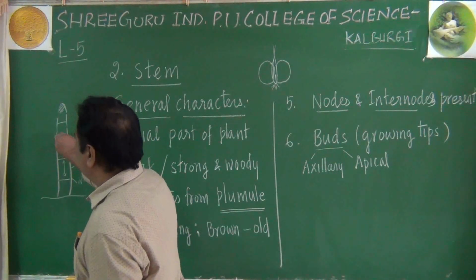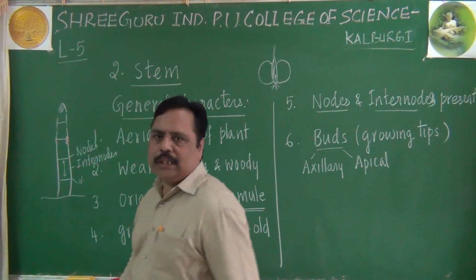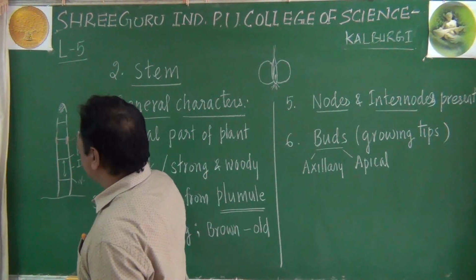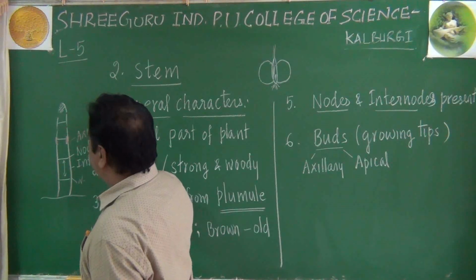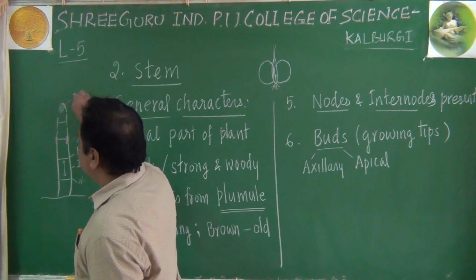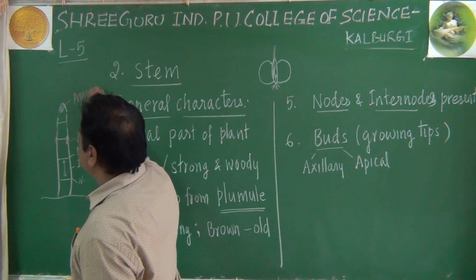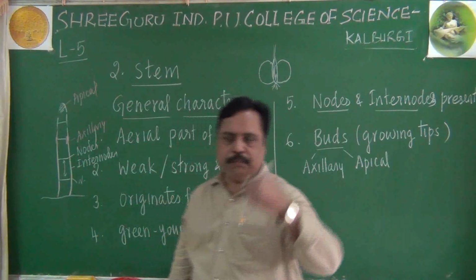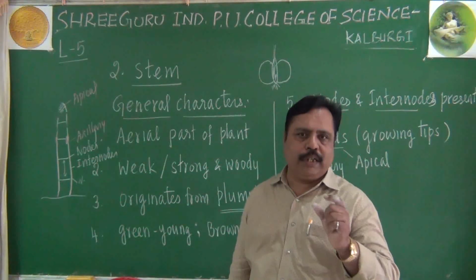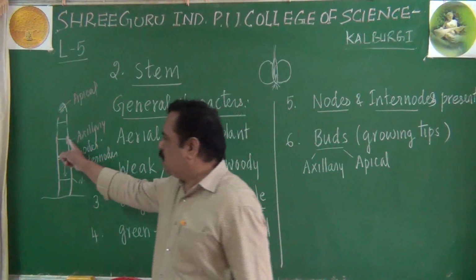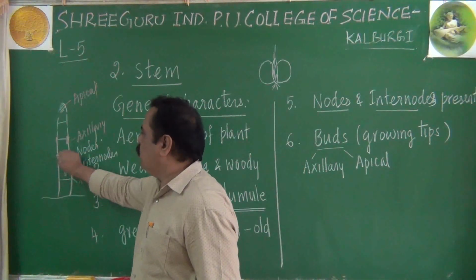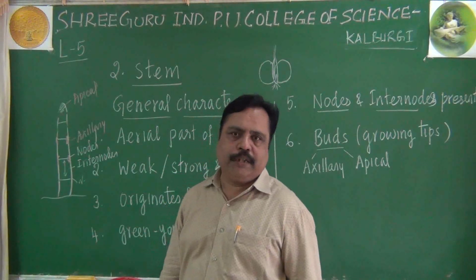In the corner of the nodes like this, we can come across axillary buds. Whereas apical buds are present at the tip of the stem, remember. The tip of the stem will be having apical bud. Corners of the nodes will be having axillary bud actually.